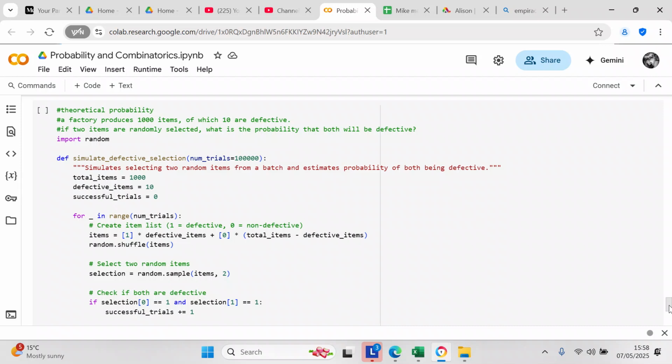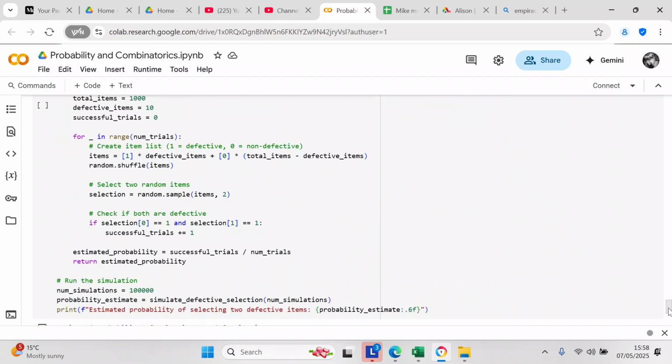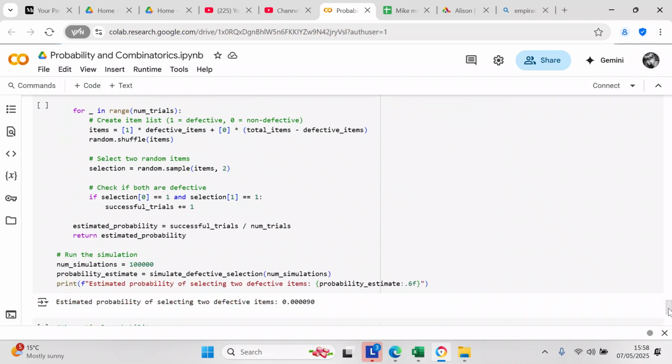Successful trials equals 0. For _ in range(num_trials), and we're going to create an item list. 1 equals defective, 0 equals non-defective. Items equals 1 times defective items plus 0 times total items minus defective items. And then random.shuffle(items). Then we select 2 random items.